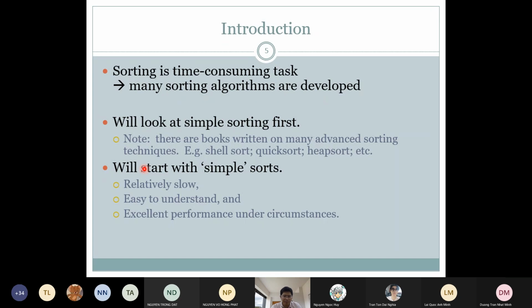For a big data set, we can use the advanced sorting algorithms. And a last remark you should remember: these three sorting algorithms are all O(n squared). It means the complexity of the three algorithms is the same.